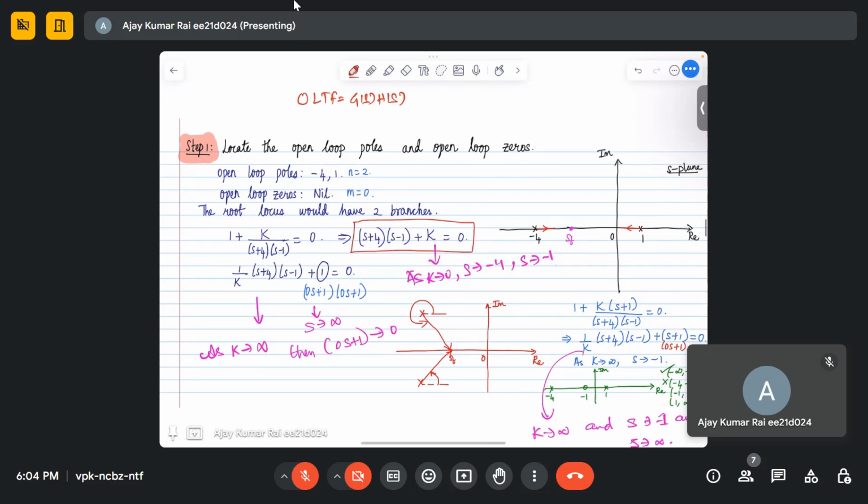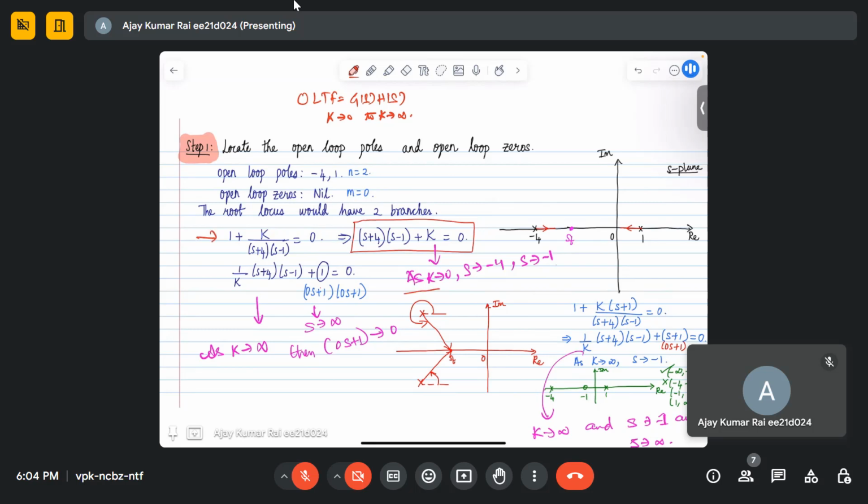Since we are varying K from 0 to infinity, where does K equal to 0 occur? In this slide you can see the example we have seen.